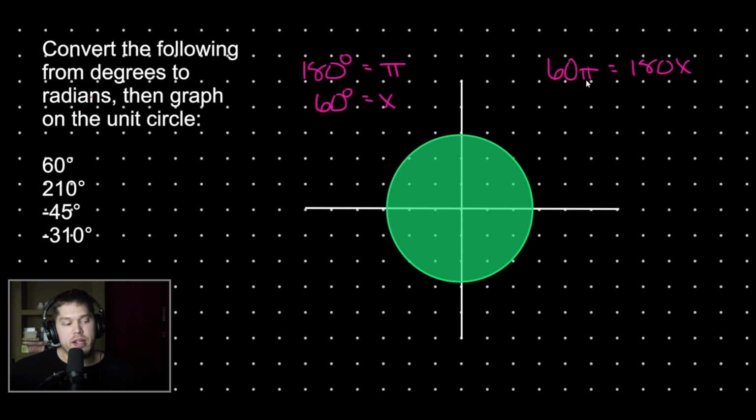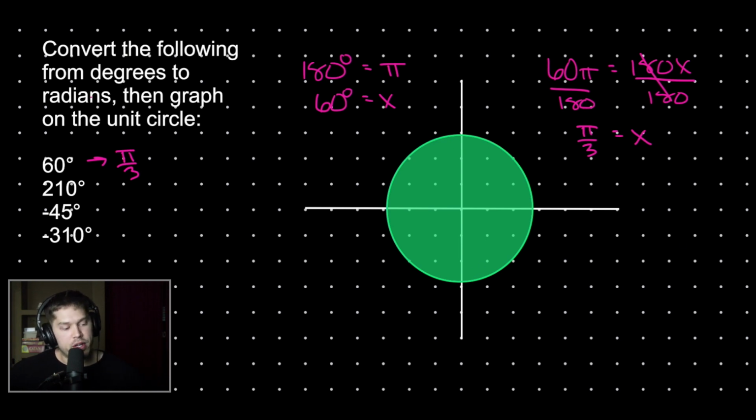And then we can divide both sides by 180. So we are left with 60 divided by 180 is, of course, 1 over 3. So we have pi over 3 is equal to our unknown x. So 60 degrees converted to radians is going to be pi over 3.